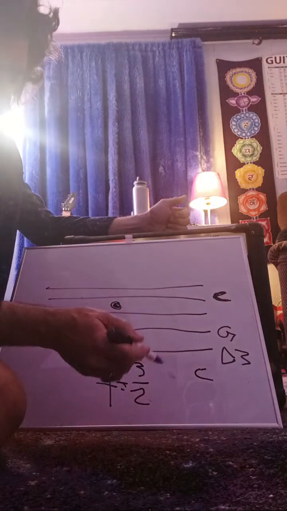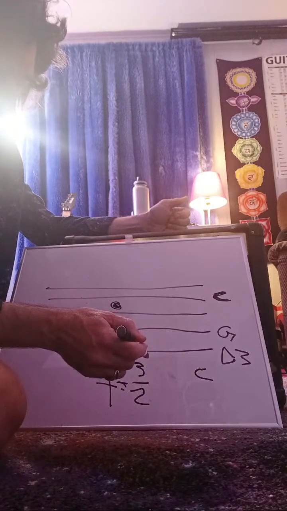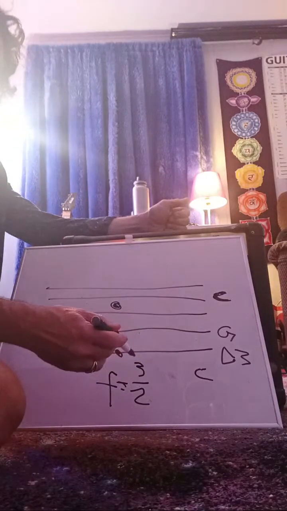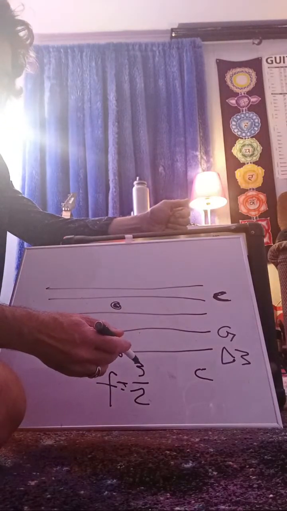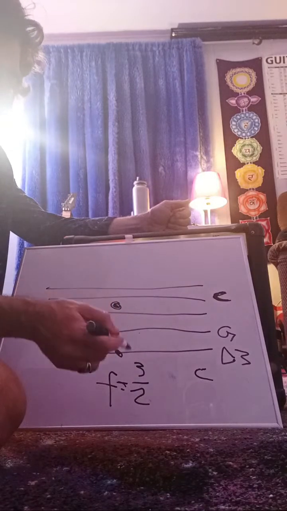What would 6 times the frequency make? Let me think here. 6 would be double the double. It would make double the octave plus the fifth, because that's a third.